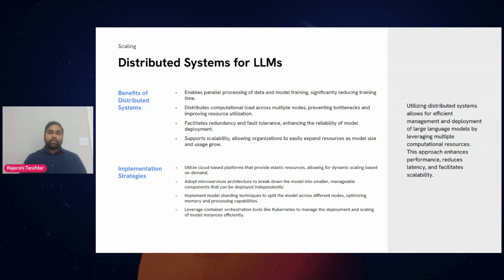And the microservice architecture is adapted into smaller chunks that can be deployed independently, therefore making it more modular. There are also model sharding techniques, where we can split the models across different nodes and optimize the memory and processing capabilities, which drastically improves them.